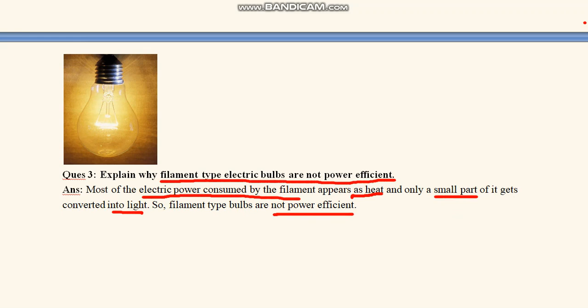Since only a small part of the electric power is converted into useful light energy, the rest is dissipated as heat energy. So the improvements over filament type bulbs are CFL lights or LED lights that are very much useful these days. These LED lights are very much power efficient.